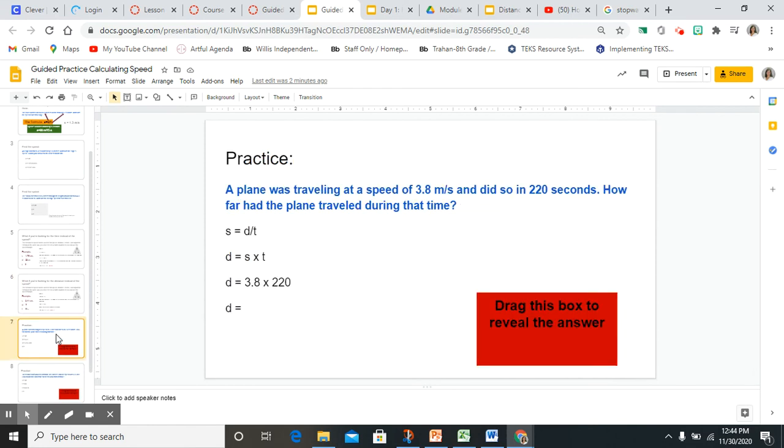So what we'll do here is we will try a few out. A plane was traveling at a speed of 3.8 meters per second and did so in 220 seconds. How far had the plane traveled during that time?